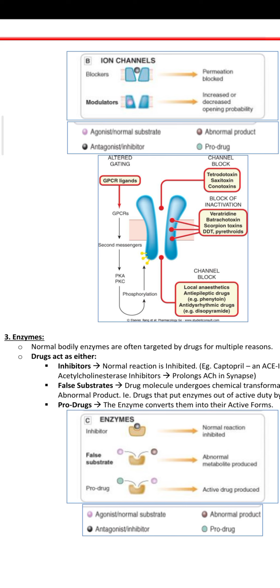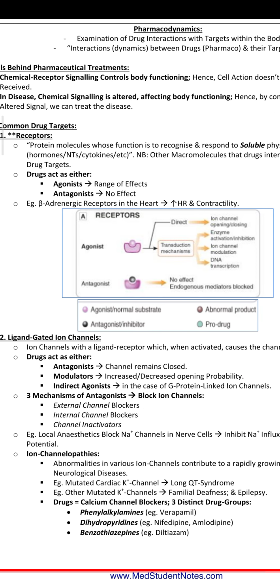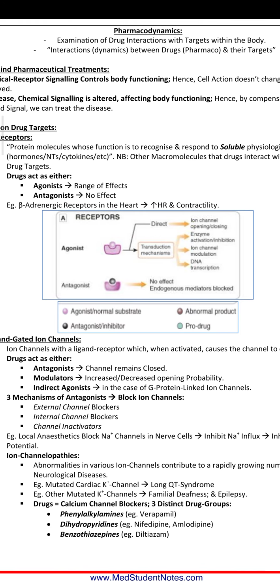Then there are blockers and modulators only. The action of modulators is that they increase and decrease opening probability. Next is indirect agonist in case of G protein linked ions, so it acts as an agonist. Agonist means it shows effect by transduction mechanism or direct method. In the direct method, ion channel opening and closing occurs. Transduction methods are enzyme activation, inhibition, ion channel modulation, DNA transcription.